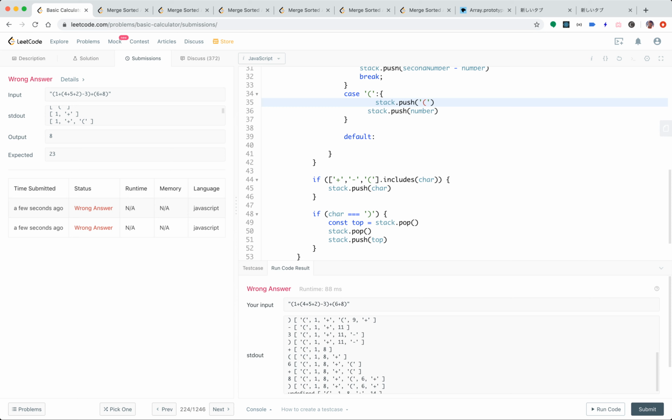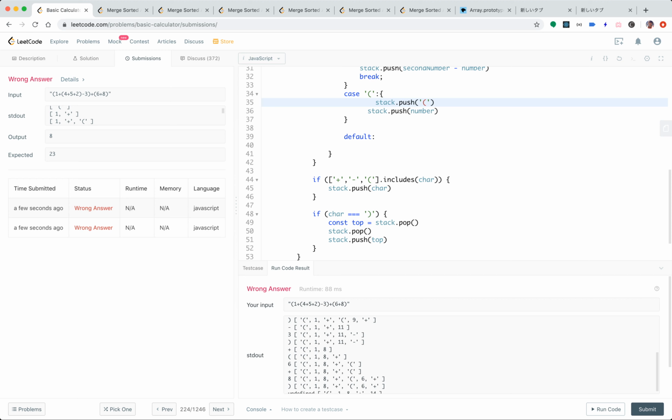We made a mistake, because when the right parenthesis is met, actually the calculation within these parentheses is not done for some cases.